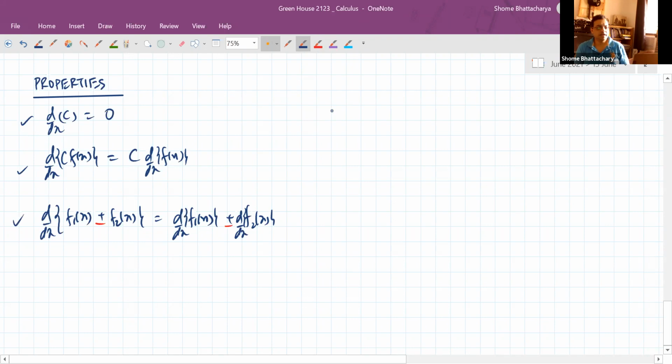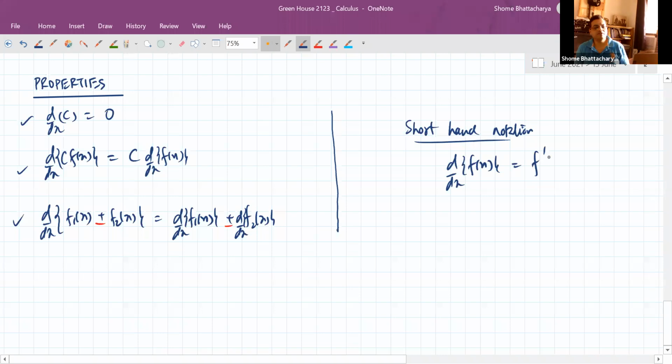Okay. Now just to write properties like this in a more simple manner, we also use a shorthand notation wherein the differentiation of a function is given with a short form f prime x. Okay. So for example, we can write that differentiation of f1 plus f2 is simply f1 prime plus f2 prime.